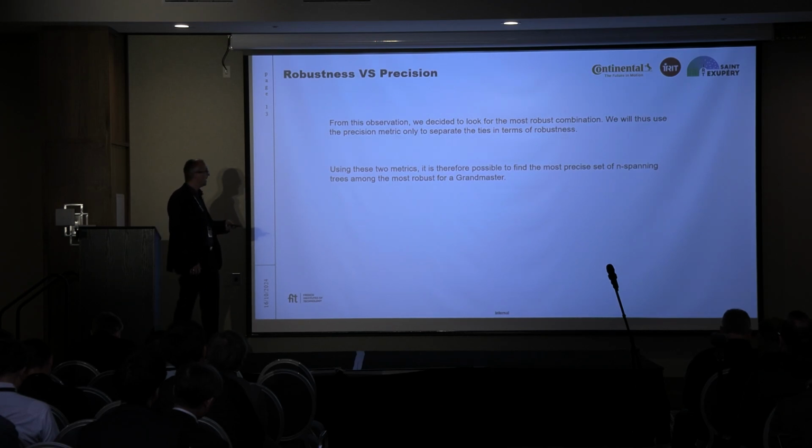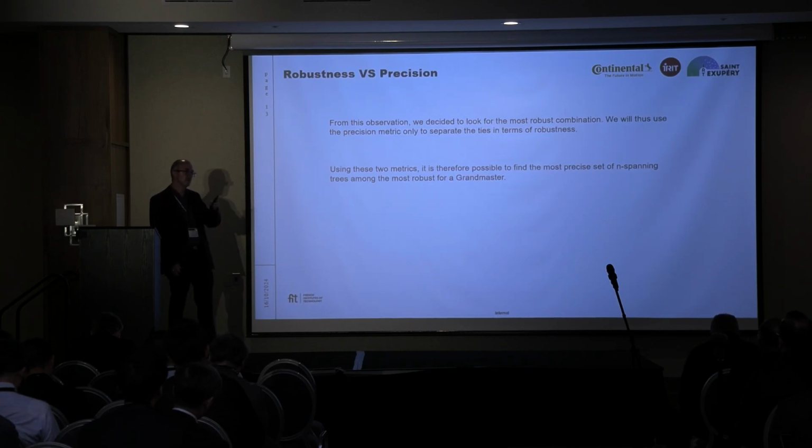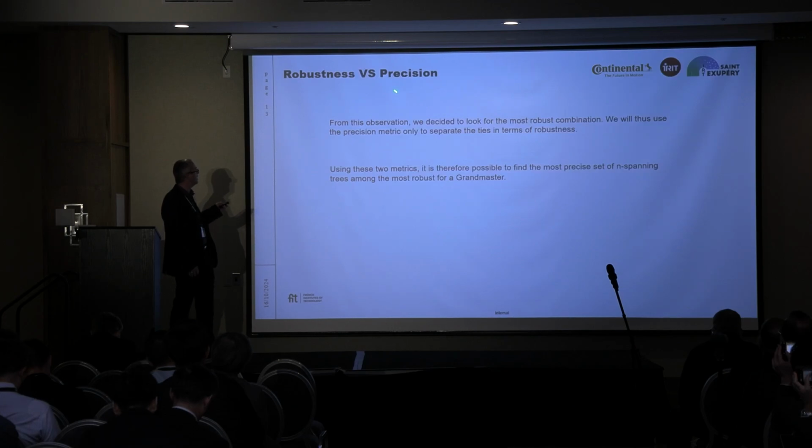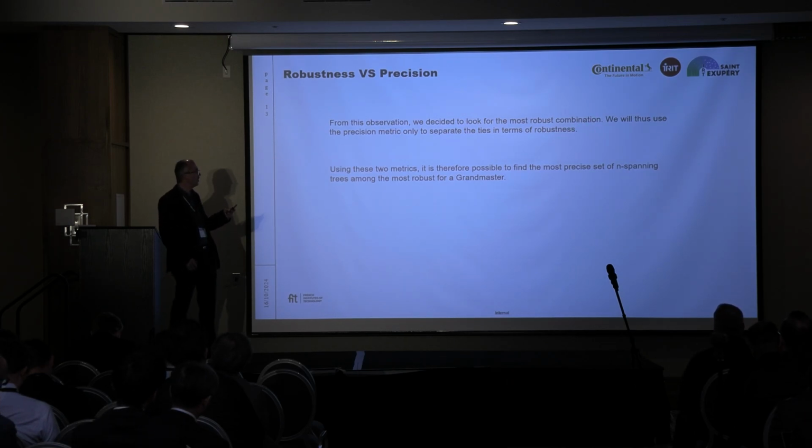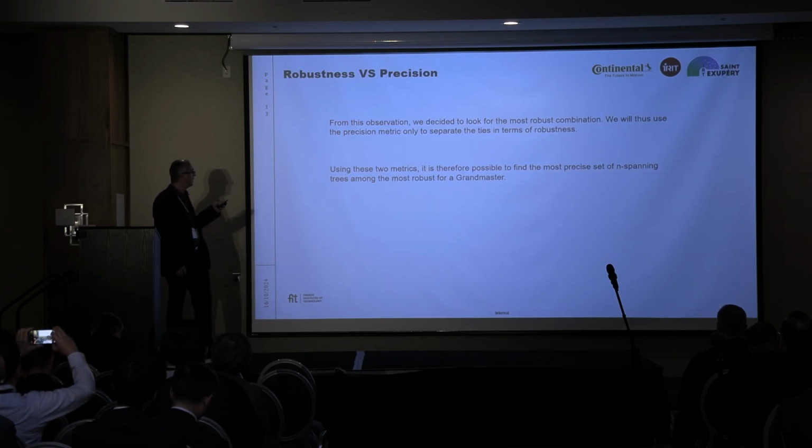So we decided that the more important thing to look at, and that's why we built up our process such that we start with robustness. We decided that having a robust spanning tree is more important than having a precise spanning tree. So we decided to look at the most robust combinations first, and we will use the robust combinations to already lower the number of potential spanning trees to look at, and then we use those to look at the precise ones, and then we only separate the types.